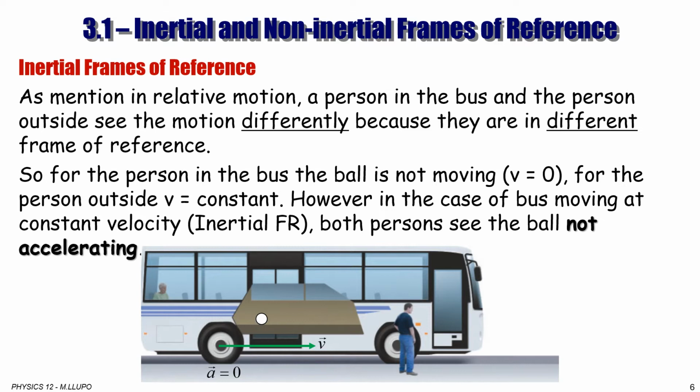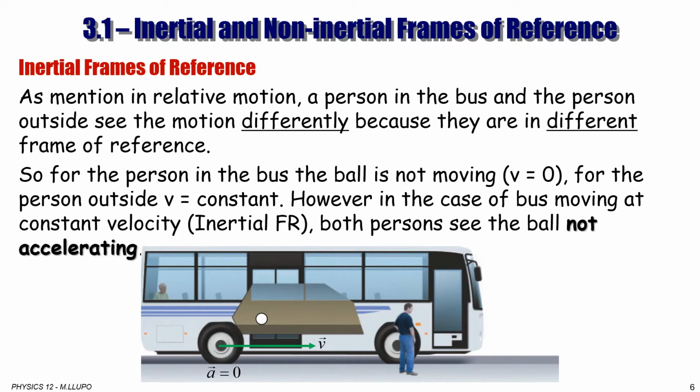So for the person in the bus, the ball is not moving, so the velocity of the ball is 0. For the person outside, the velocity is constant because the ball is moving with the bus.